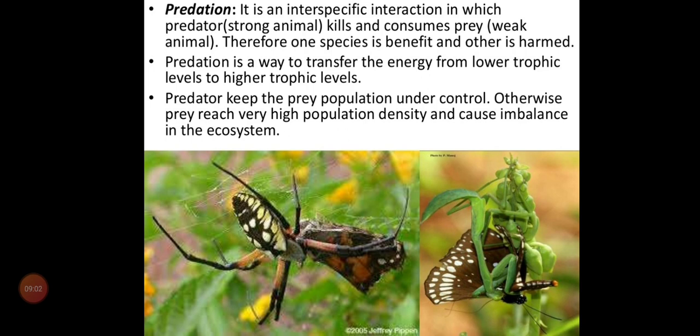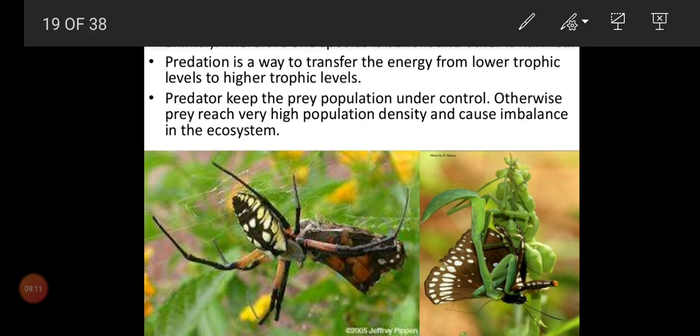Energy is transferred from lower trophic levels to higher trophic levels, which is very important. And predators keep the prey population under control.